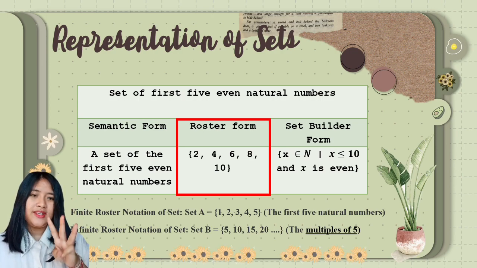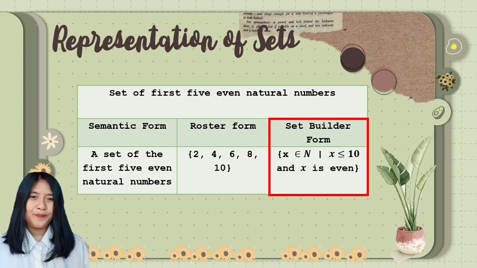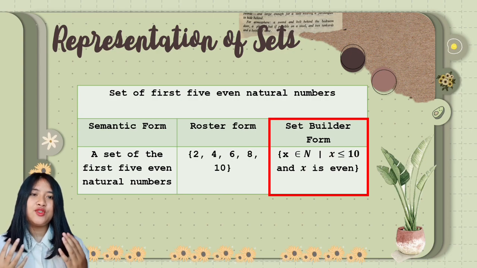And number 3 is set builder form. The set builder notation has a certain rule or a statement that explicitly describes the common feature of a set's elements. The set builder form uses a vertical bar in its representation, with a text describing the characters of the elements of the set.